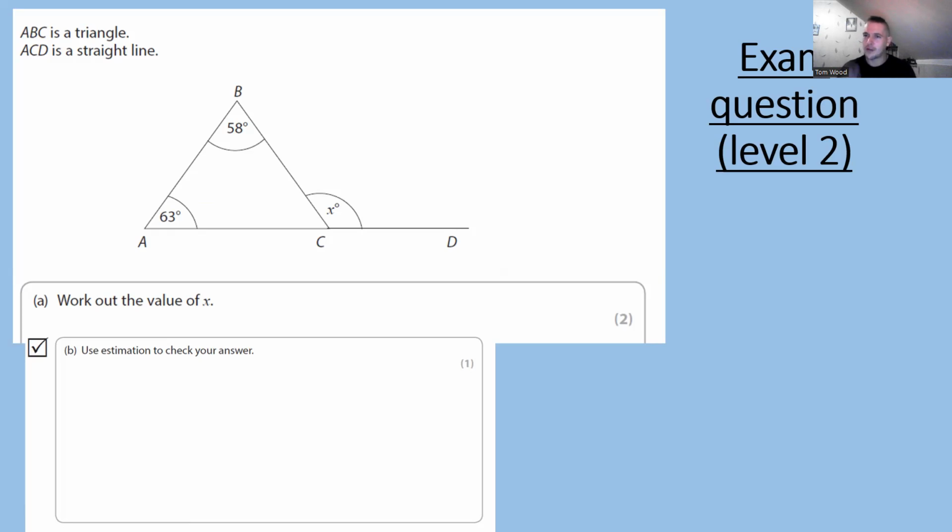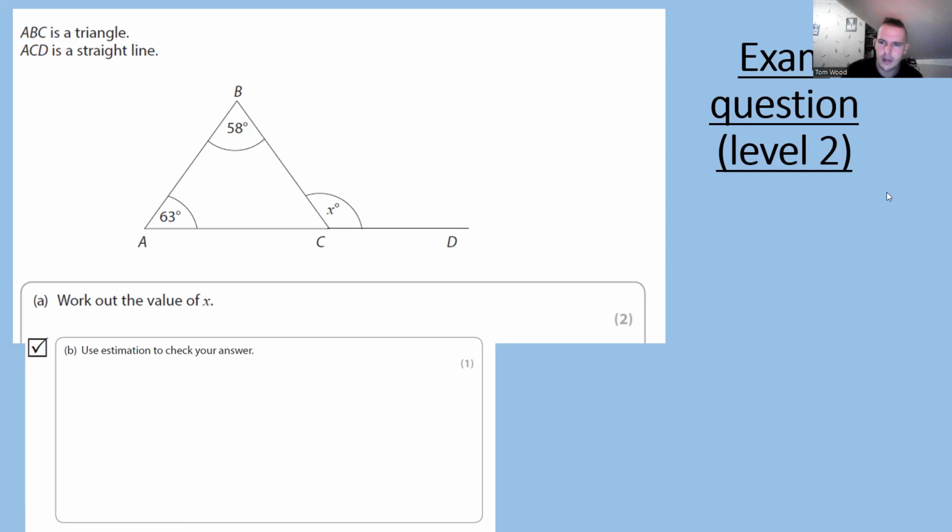It just looks a bit strange when you write out this sum with estimates. It's everything is just 180 and 60, taking this away, adding it, and it looks a little bit strange. But so long as you change at least one number, some people might round 58 to 59 for some reason, but you'll still get the marks for it. So long as you change it by a little bit, you'll be fine. Yeah, okay.